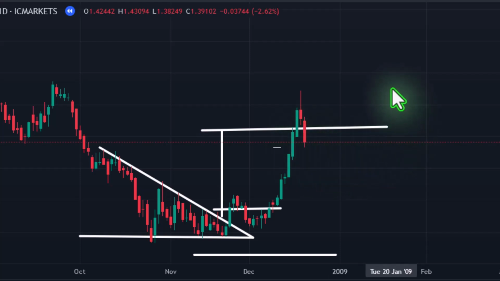So you should try and be patient. If you are not a patient person, you need to learn patience. Wait for a retest. I know waiting for a retest would mean a missed trade most times, because sometimes when there is a breakout, price just takes off without coming back to retest the breakout point, but oftentimes it does.